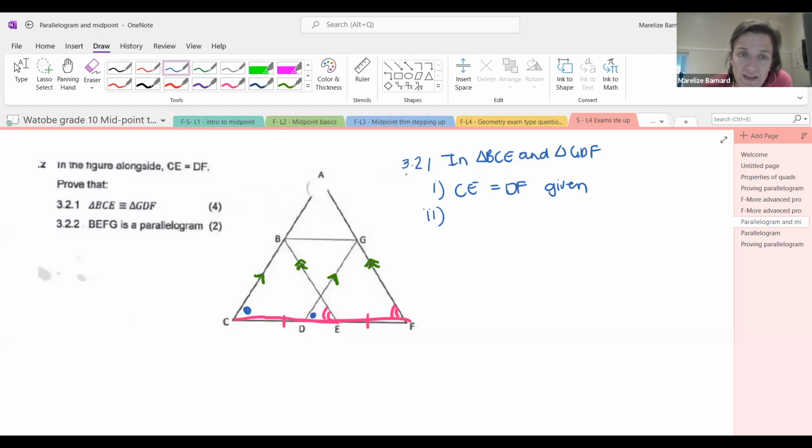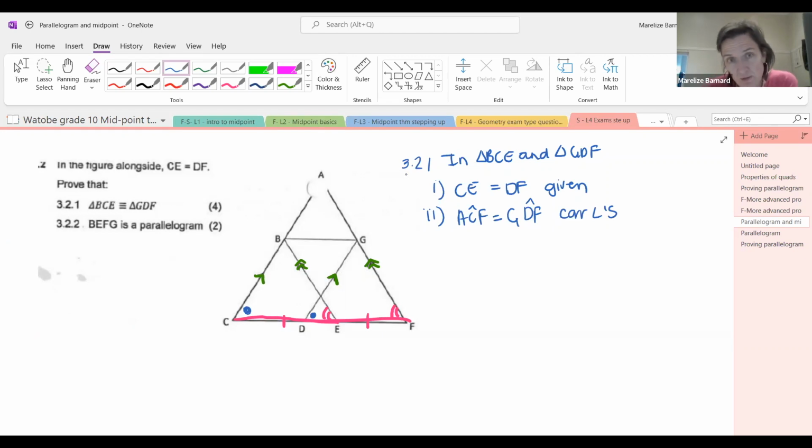And we can say that angle ACF is equal to angle GDF, corresponding angles.